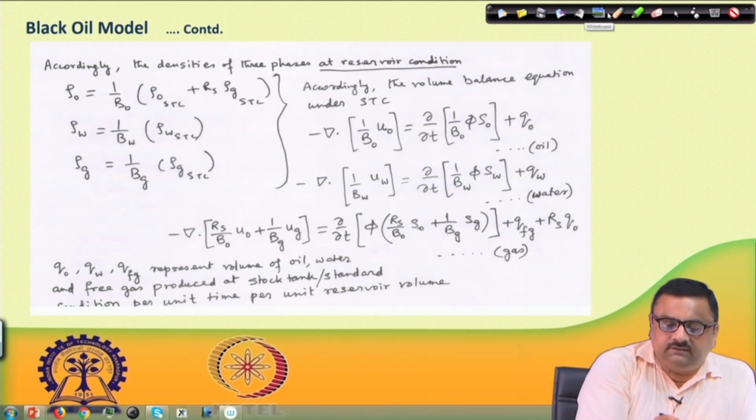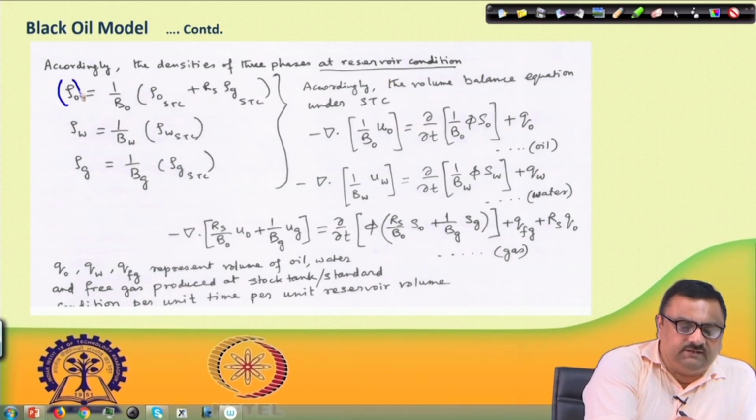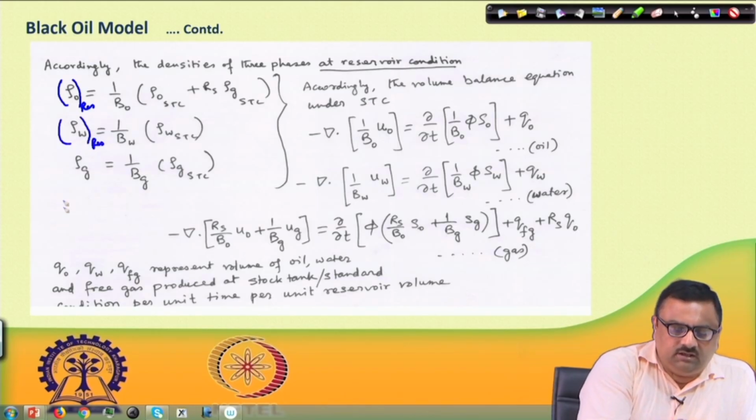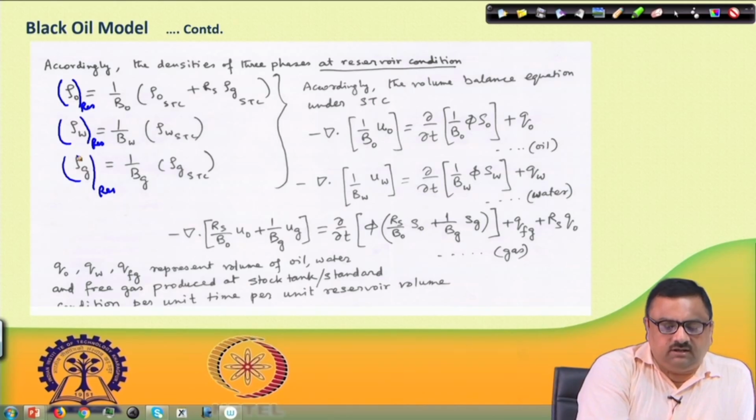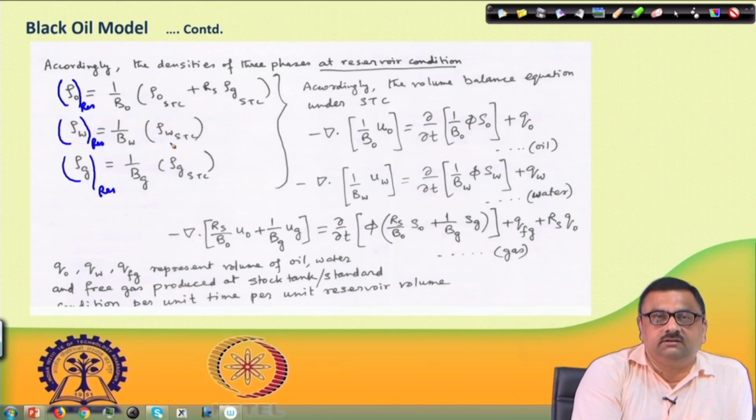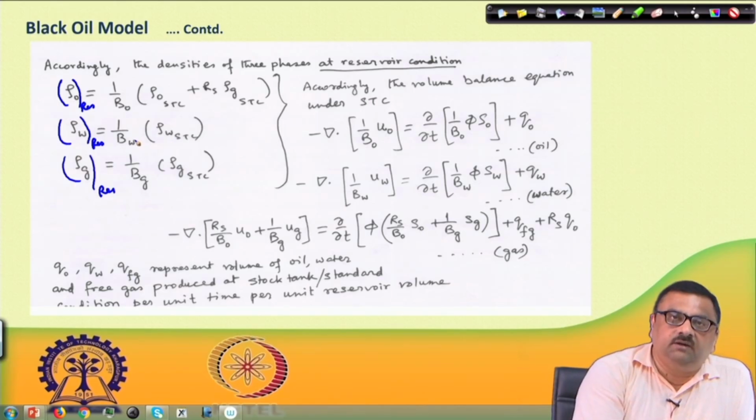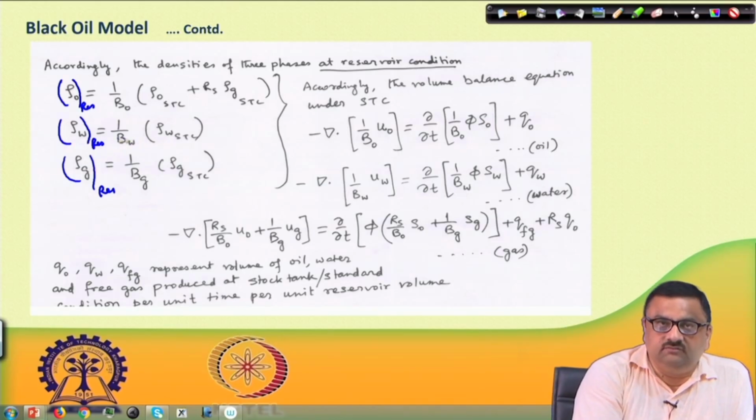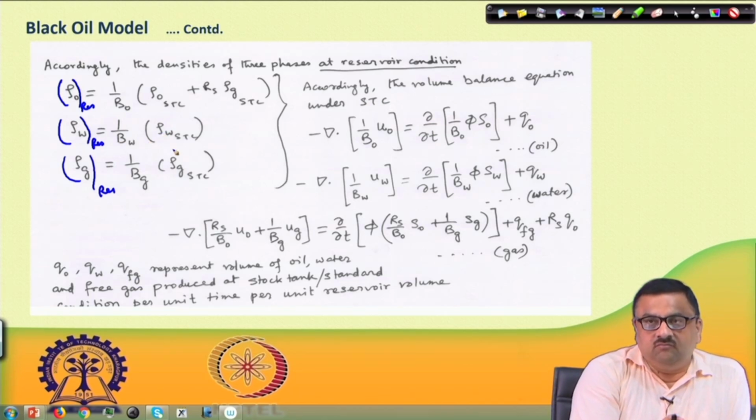If we look at the density at reservoir condition, so density of oil at reservoir condition, similarly density of water at reservoir condition, density of gas at reservoir condition. So, density of water at reservoir condition would be density of water at stock tank condition divided by formation volume factor for water.